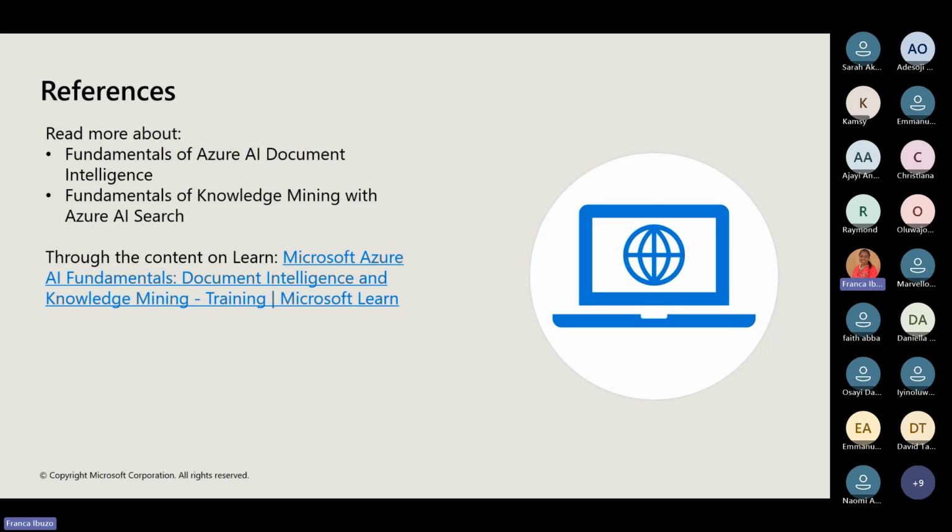Okay, so you have your learning path. Learning path is there for more information. So you can read more about fundamentals of Azure AI document intelligence and fundamentals of knowledge mining with Azure AI Search.